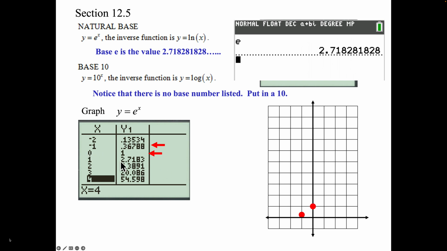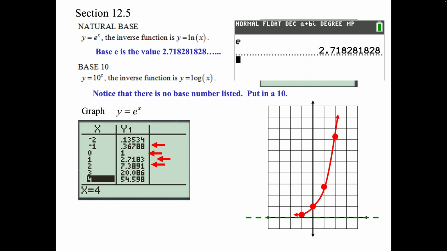That's our common point. 1, 2.7183. Again, that's our value of base E. Plot it. And then here's E squared, 7.389. Plot it. It's the same form of a basic exponential curve. Nothing really changes there, so all is good.